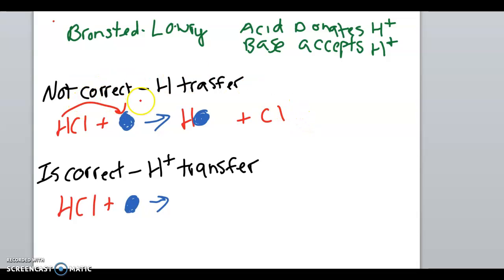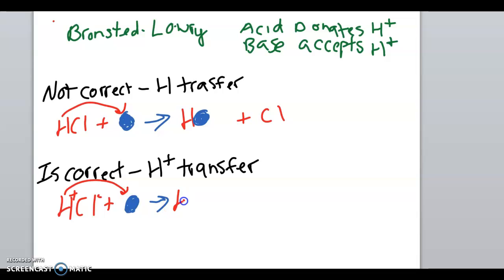But that is not correct. Acids are not defined as being a hydrogen atom. They're defined as being a proton, H+ ion. So the way that is correct is if you have the H+ proton, so this HCl really breaks into ions of H+ and Cl-. So the H+ is going to go onto the blue blob.